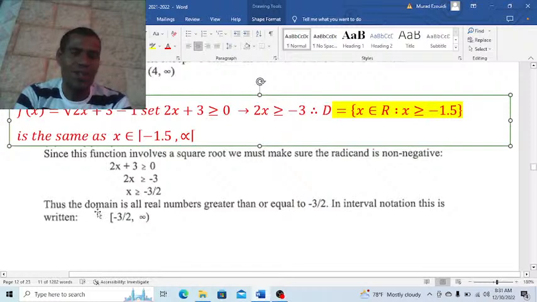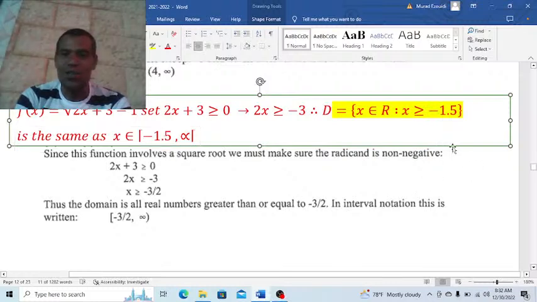Thus the domain is all real numbers greater than or equal to negative 3 divided by 2, which is in fact negative 1.5. In interval notation, this is written as a closed interval from the left-hand side, and open infinity from the right-hand side. This is the notation.